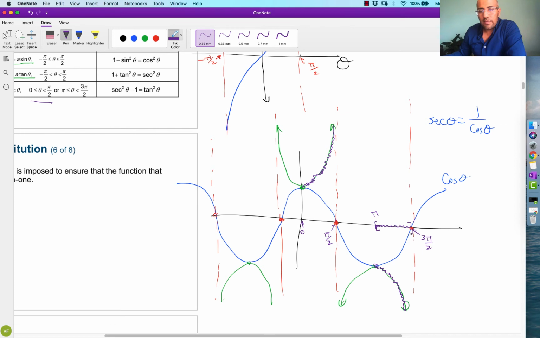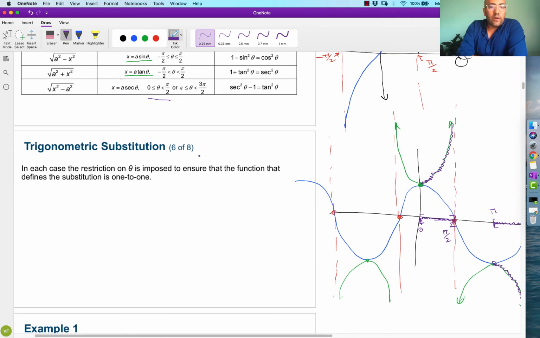So this little segment right in there, and then this little segment right in there. If we restrict our theta values to be values in this section or this section, we will have a one-to-one function.